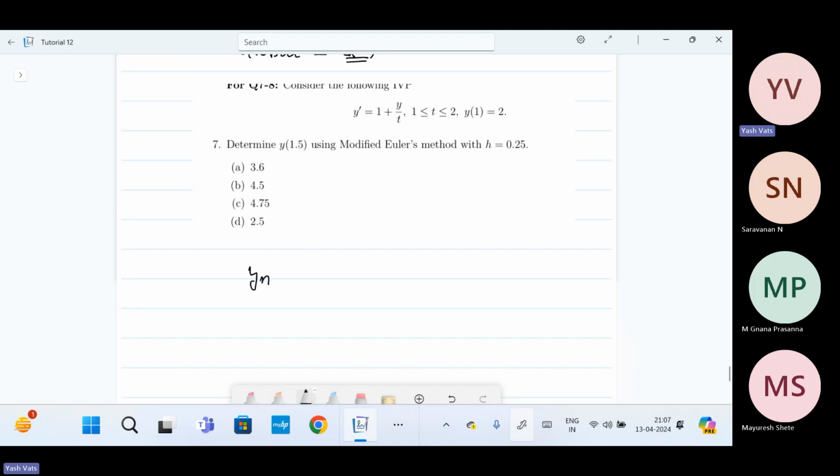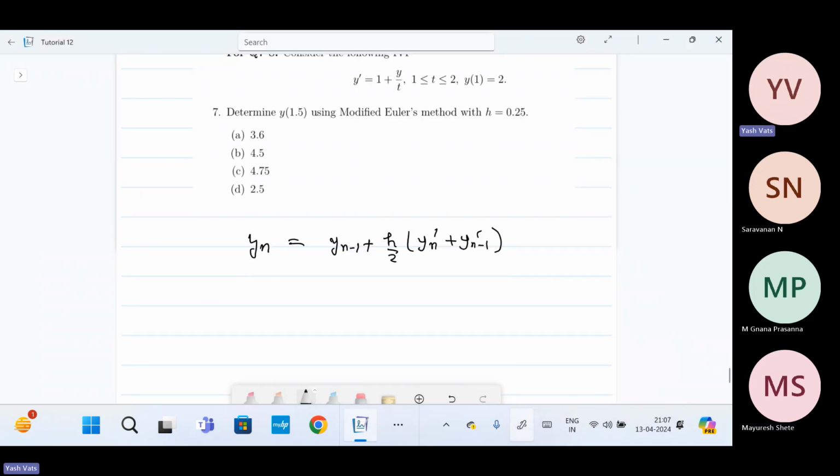So yn is basically yn minus 1 plus h by 2 times yn prime plus yn minus 1 prime, right? What is the value of h here? 0.25. What is yn prime? It's f of tn, yn, right?